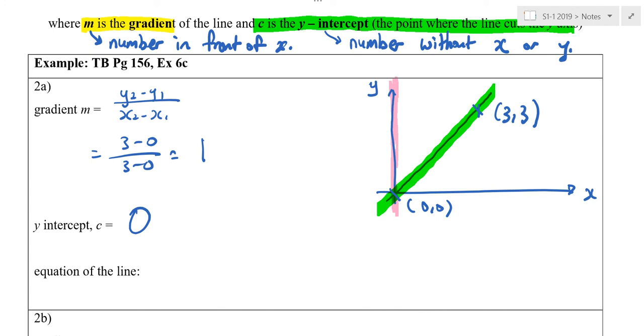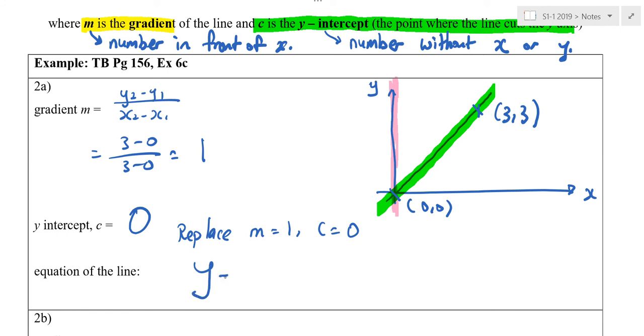Now, to answer the question like that, 3 marks. How to answer? Very simple. Y equals to mx plus c. So you need to replace the m with 1, the c with 0. So what's the answer?